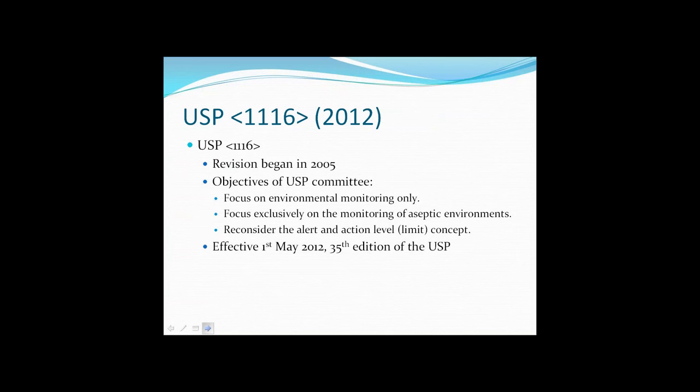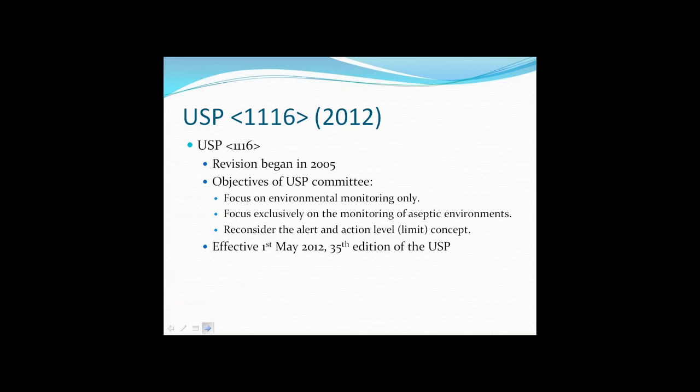The objectives of the committee, my understanding, were to focus the chapter on environmental monitoring only, so removing any information relating to process validation, to focus the document exclusively on the monitoring of aseptic environments, so rather than look at all types of clean rooms and controlled environments, such as for non-sterile manufacturing, to bring the focus down into aseptic processing. And most importantly, to reconsider the alert and action level or limit concept.